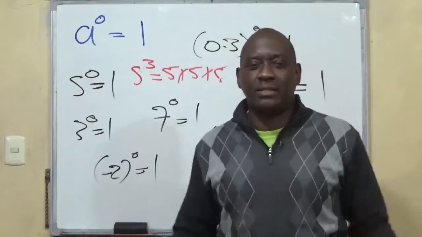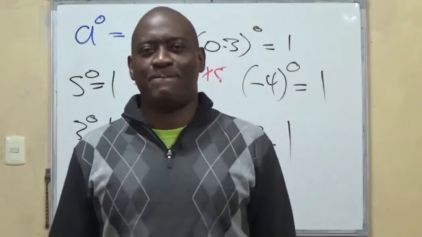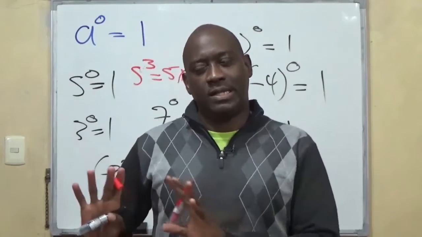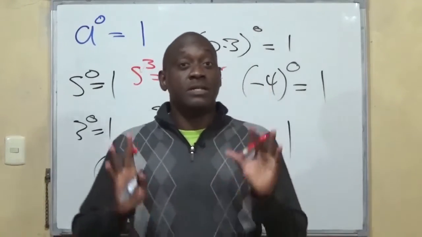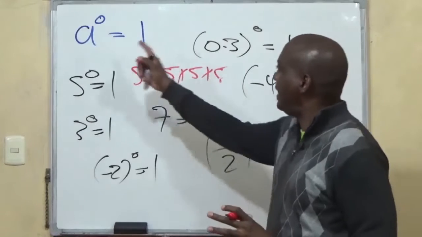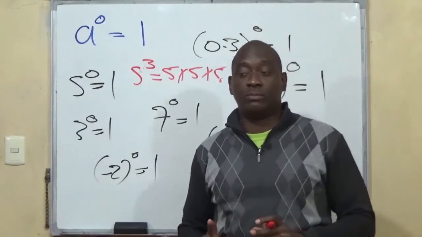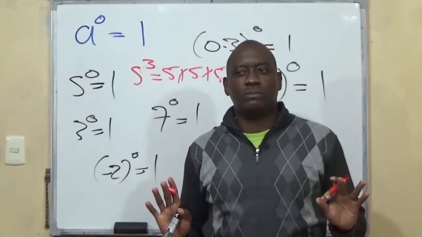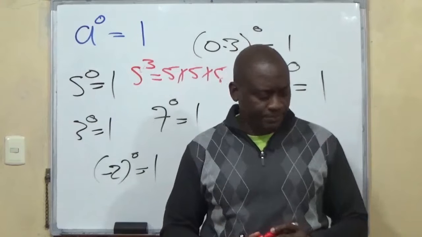How do we write that on the board? That's a different question. We will address that another time. But for the time being, just understand that anything raised to the power of 0, the answer is 1. Stick with that. We're ready to go through the rest now.